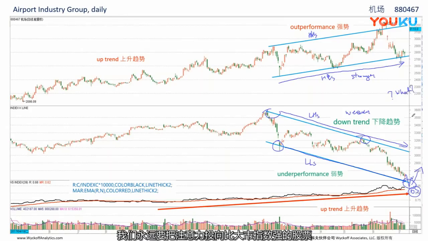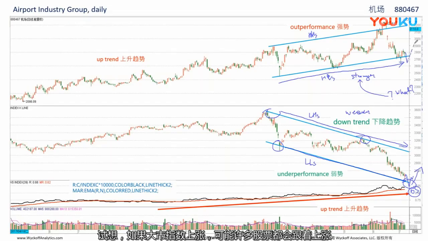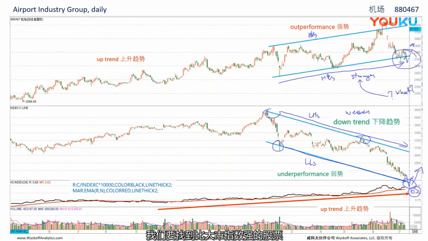What instrument? We obviously want to pay attention to the instrument that is stronger than the market. So imagine if the price of the index is going to go up, that's probably going to push everything else up as well. So you want to find the instrument or the stock that is going to be stronger than the market.